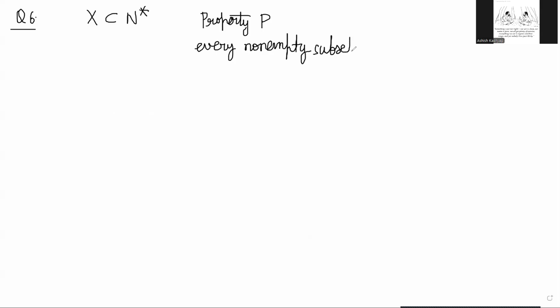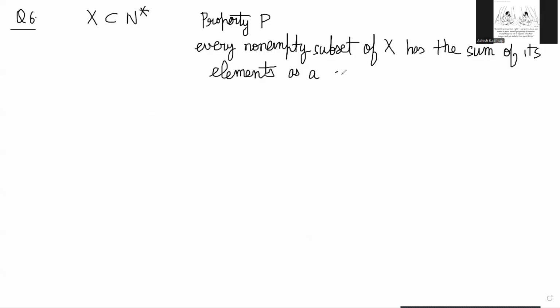Let's look at question number 6. It was the set question. Set X belongs to N star has the property P. Property P is that every non-empty subset of X has the sum of its elements as a composite number.